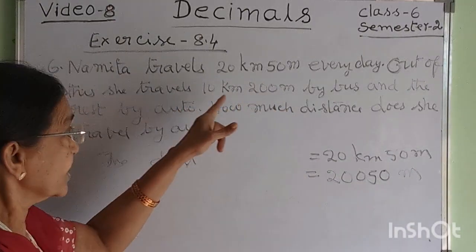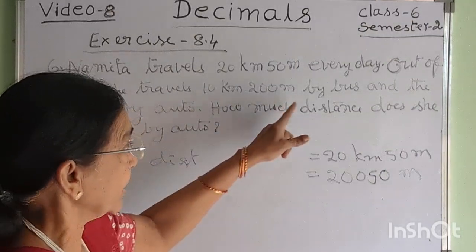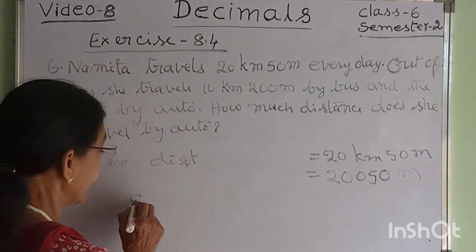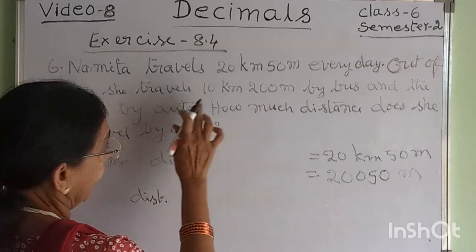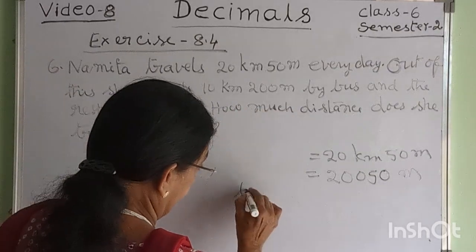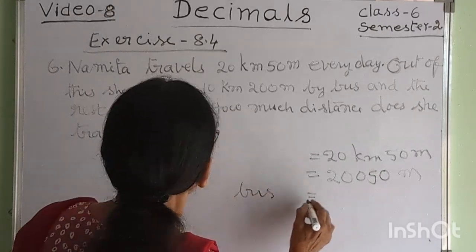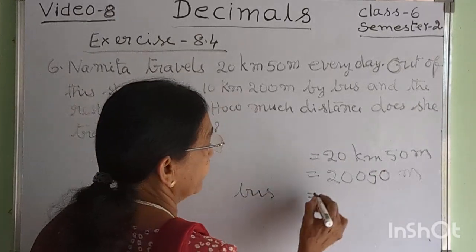Out of this, she travels 10 kilometers 200 meters by bus. So the distance traveled by her by bus is equal to 10 kilometers 200 meters.